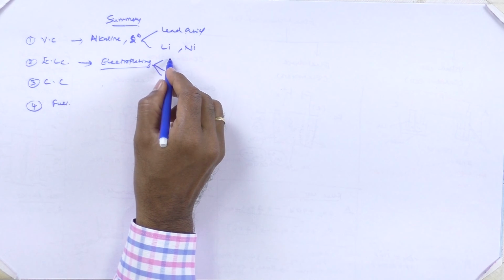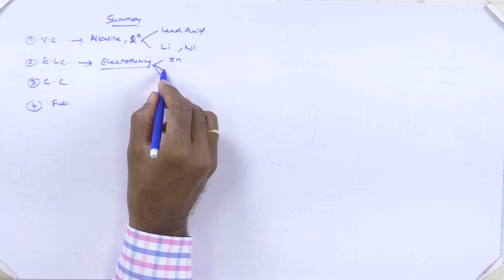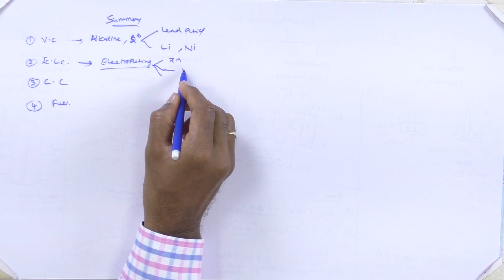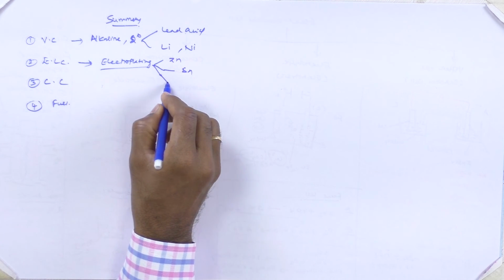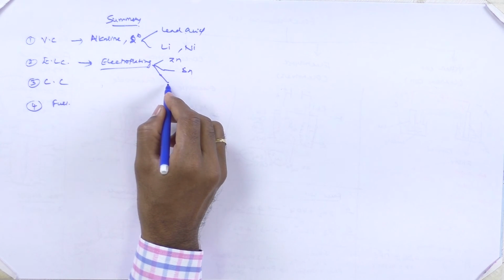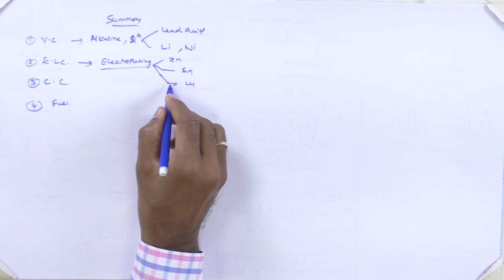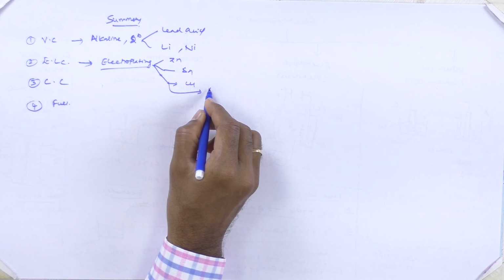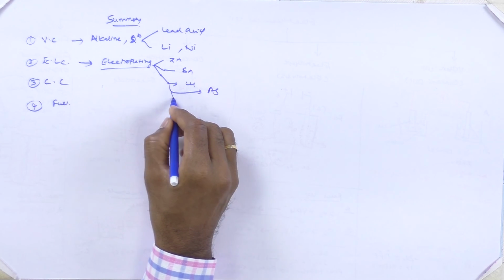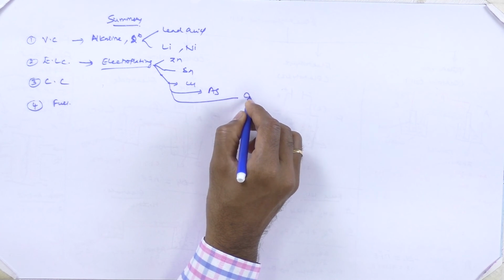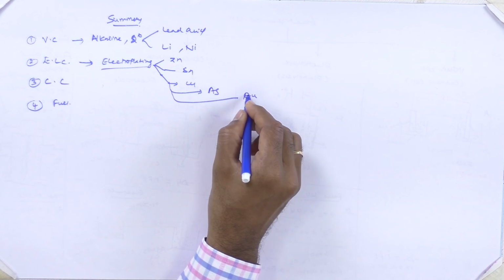Galvanizing is deposition of zinc over iron, and tinning is deposition of tin metal, Sn, over a highly reactive metal, and the other one is copper coating. Even silver coating, Ag, and even gold coating, Au.